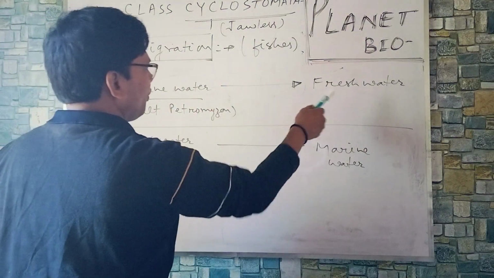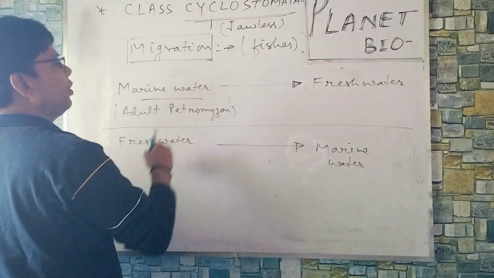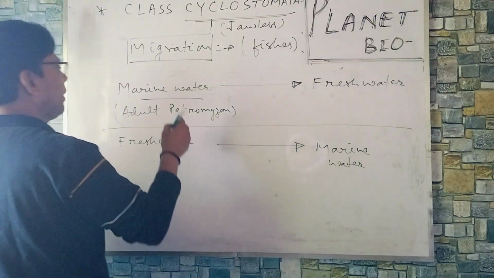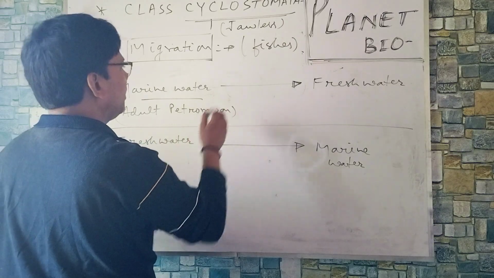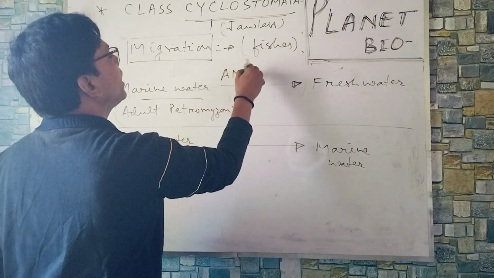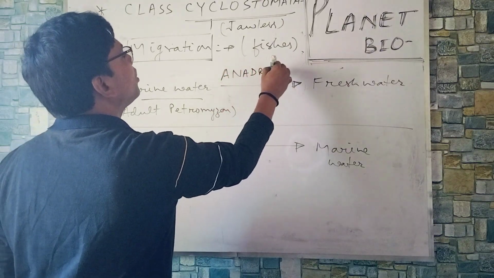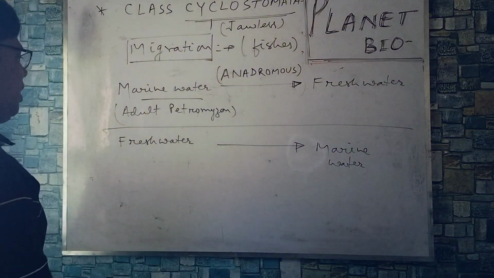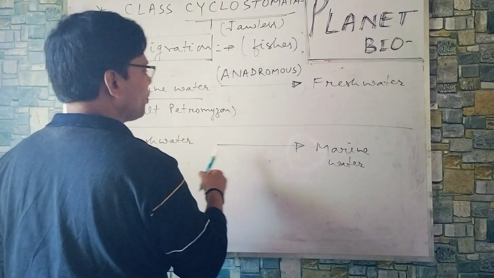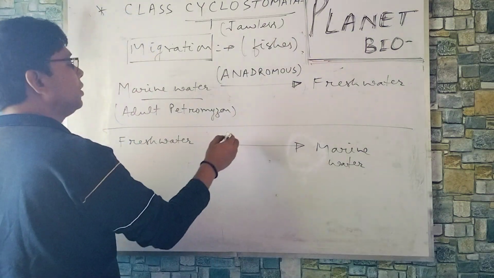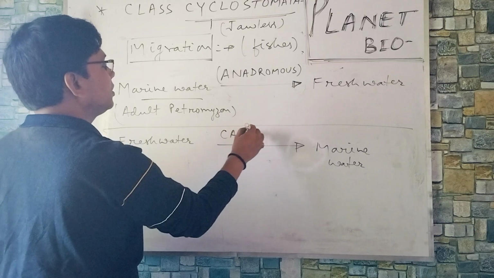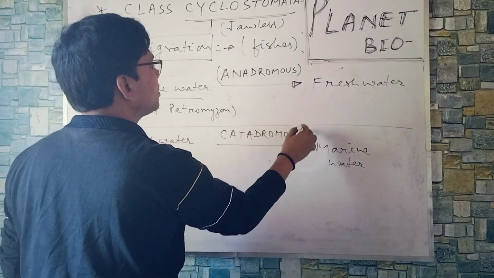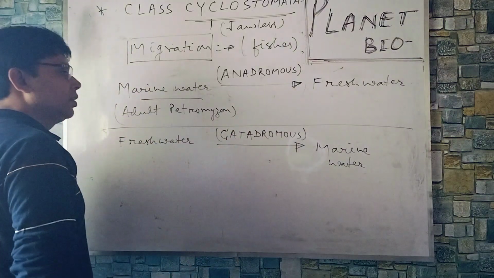Movement from marine water to fresh water is called anadromous migration. If they move from fresh water to marine water, it is catadromous migration.